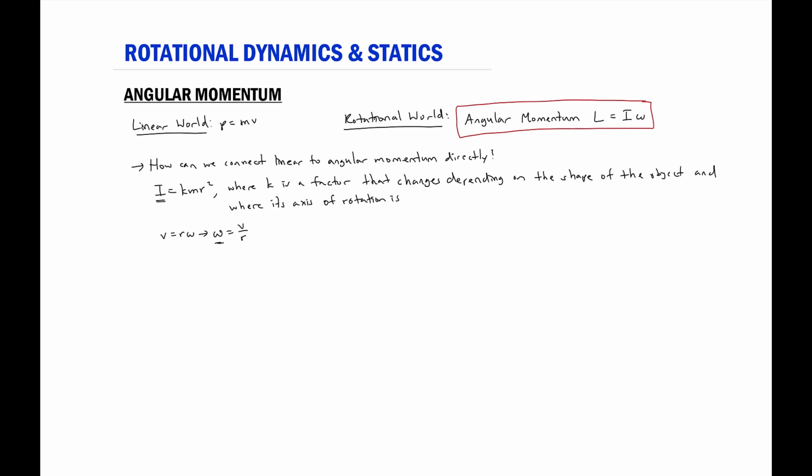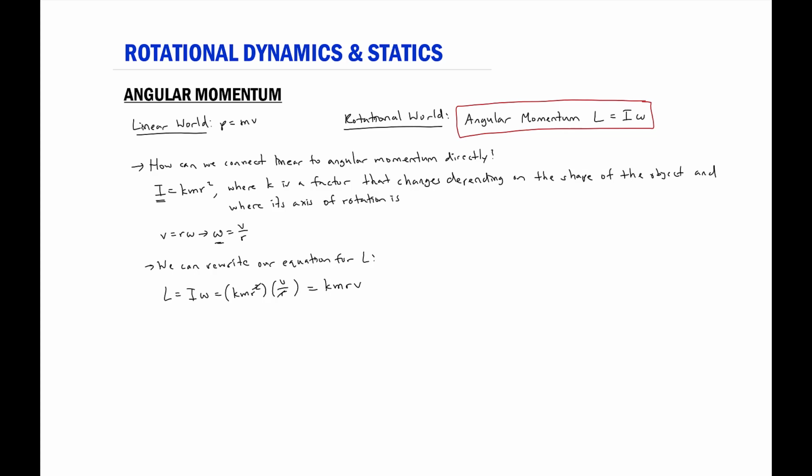So we can rewrite our equation for angular momentum. And we get L is equal to I times omega equals kmr squared times V over R. One of the R's cancels out, and we get kmrv.